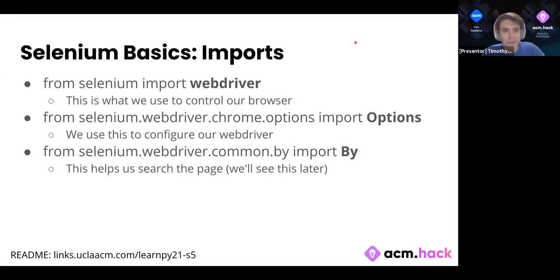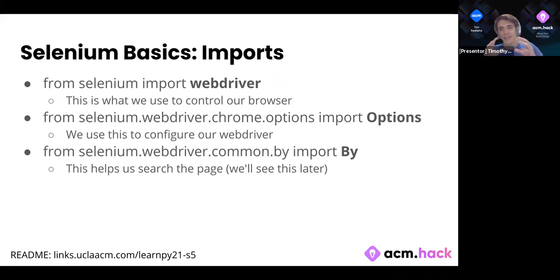I will continue. So this is sort of a preface to the demo. I just wanted to explain what some common code from using Selenium would look like. Here are three imports that I'm going to be using. The first one is the WebDriver, which is one of the most important things.